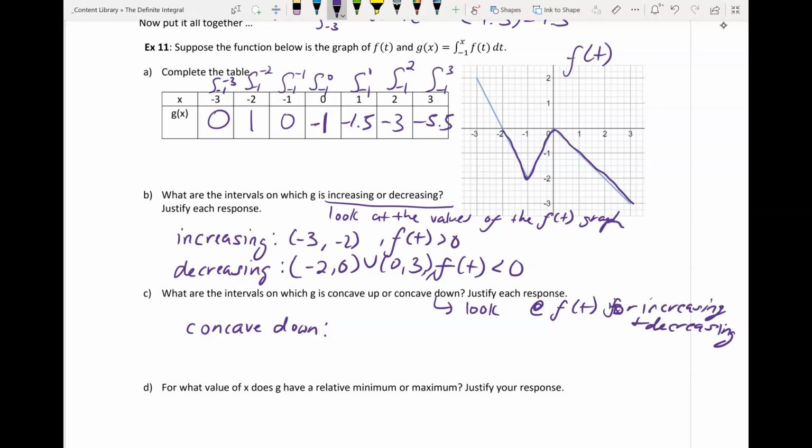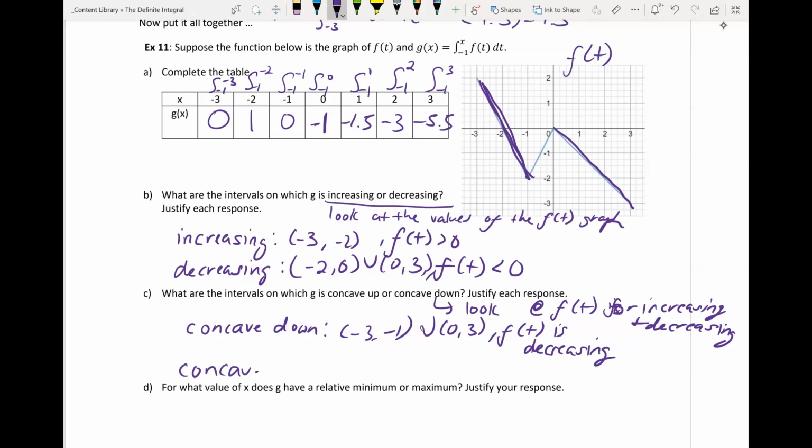So f of t is decreasing between -3 to -1 because our slope is negative there. So we have this section, and then we have it again from 0 to 3. Then we'll have concave up only in that one section from -1 to 0.